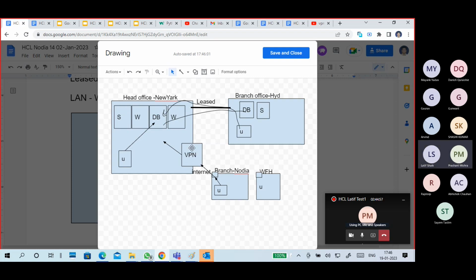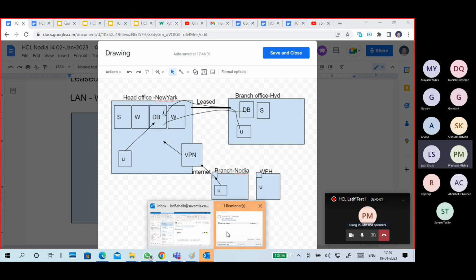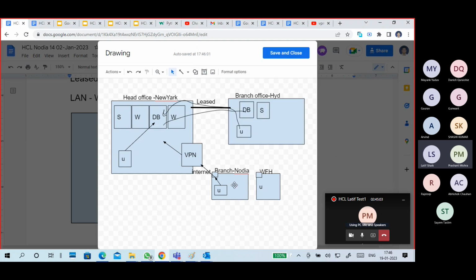We connect to this VPN because everybody can get internet very easily.